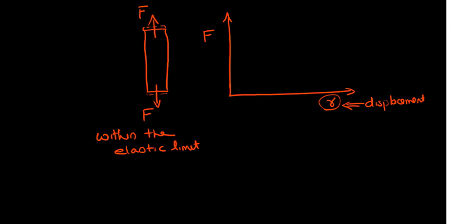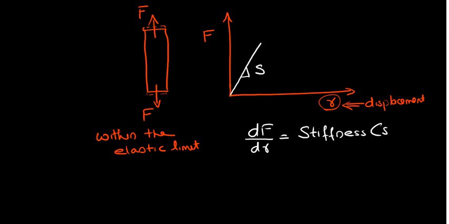You get a plot within the elastic limit, especially for something like metals or ceramics, or in the case of ionic materials. Initially it is a linear regime, and this is how the force to displacement curve looks like. If I differentiate this plot, that is dF by dr, we get what is called the stiffness. So this is what is known as the stiffness of the material.